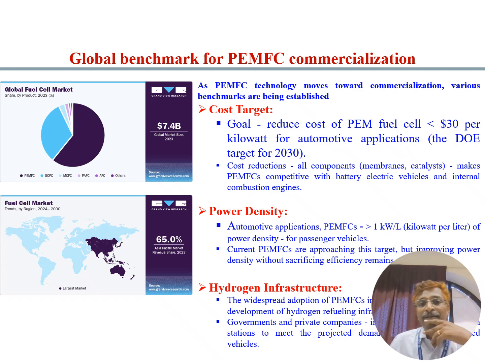For automotive application, the PEMFC is greater than 1 kilowatt per liter, and they aim to produce such enhanced performance. And hydrogen infrastructure is the biggest challenge for commercializing EVs and other similar devices, because storage of hydrogen is highly risky.